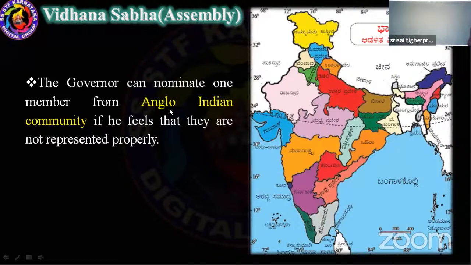After the independence of India, a few British officials didn't return to their native place. They showed their wish to stay in India only to represent their community in the central government and also in the state government. They reserve this seat.